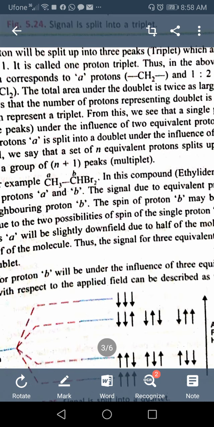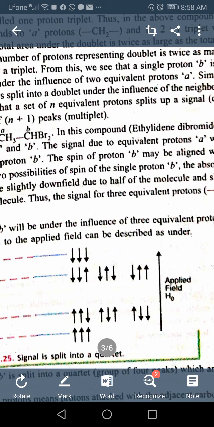How will it be split up into a quartet? What will be the arrangements? These are the arrangements. The three protons have these arrangements, which we have already discussed. This is the external magnetic field.